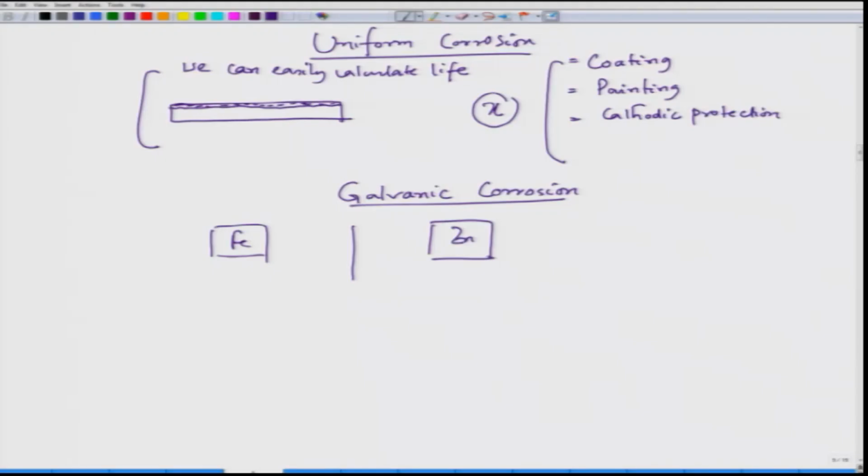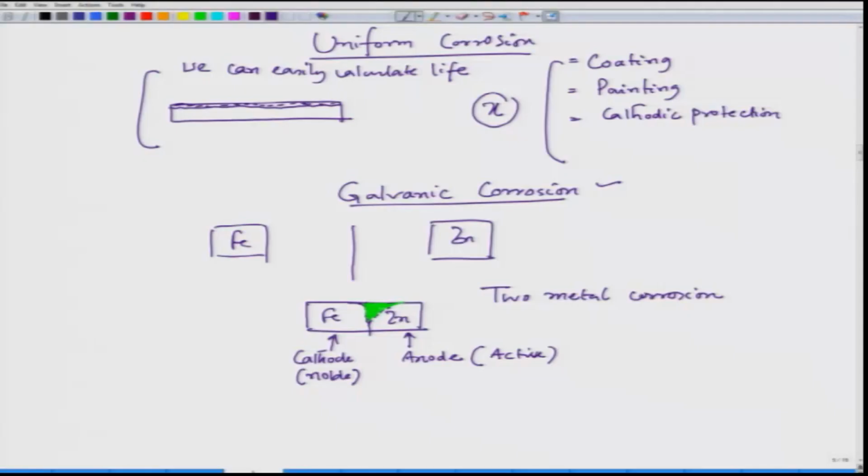Now, this situation is also possible if we leave this particular joining in the atmosphere. There also the zinc part corrodes more than the iron. In fact, iron gets protected due to the corrosion of zinc, and we call it galvanic protection of iron.